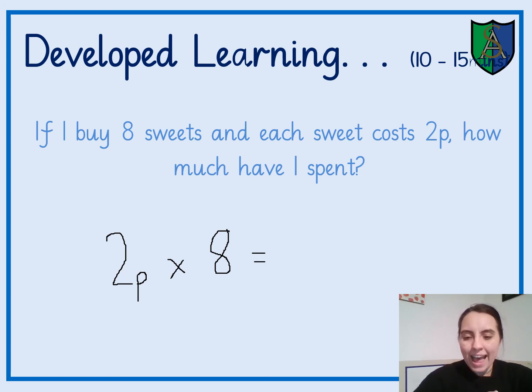Counting your 2's now to see how much this would cost altogether, just like we did on the previous question. Well done if you said 16. That is the correct answer, 16p. Brilliant, you're really getting the hang of this.